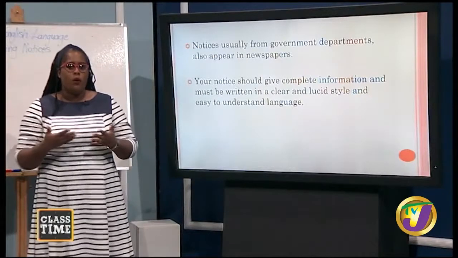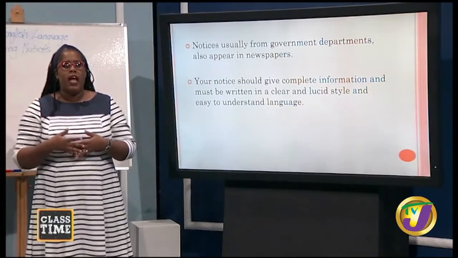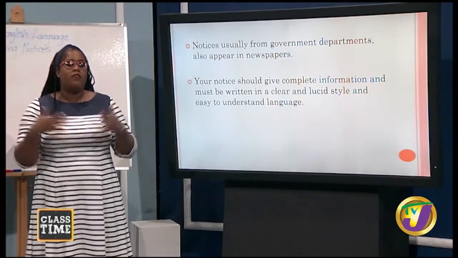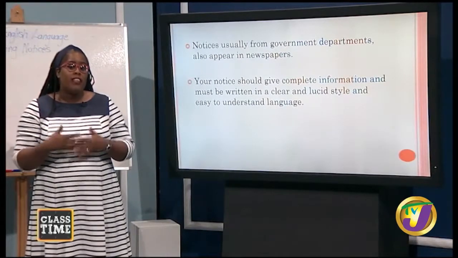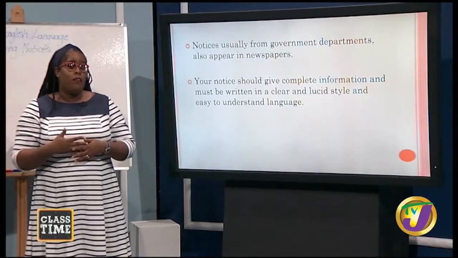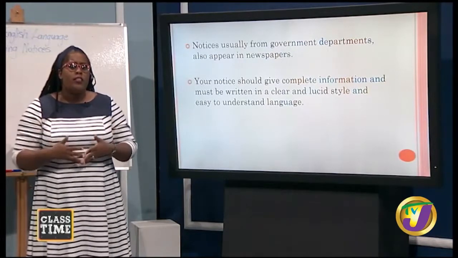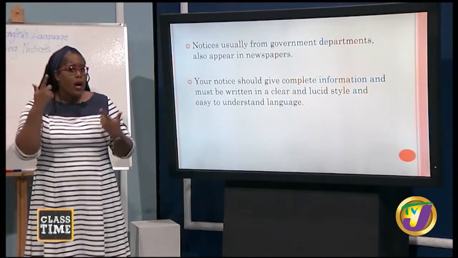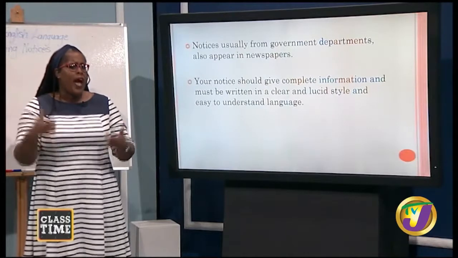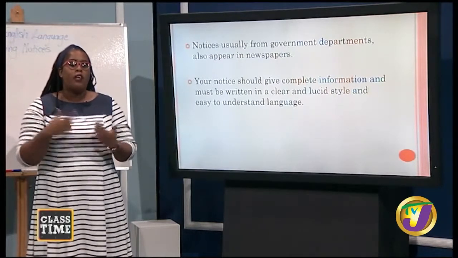Now, for me, when I see these notices posted around the place, what I notice is that there are very few words on that one notice. Why do you think this is so? Why do you think the words on the notice are so limited?